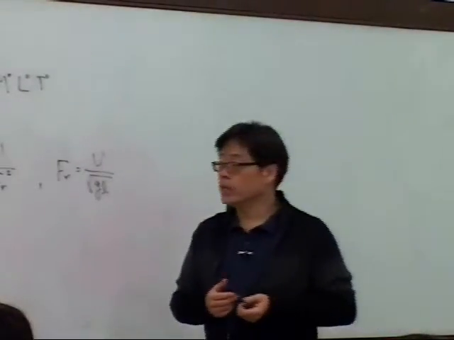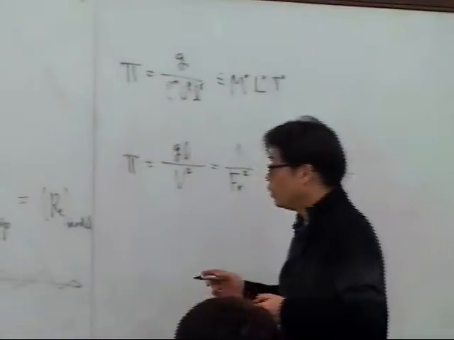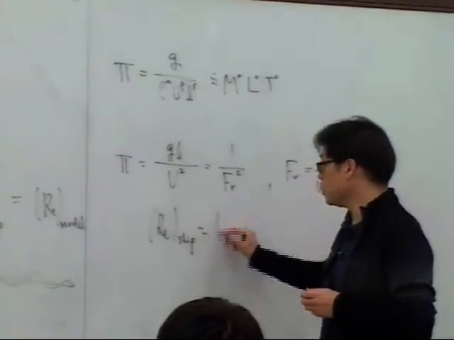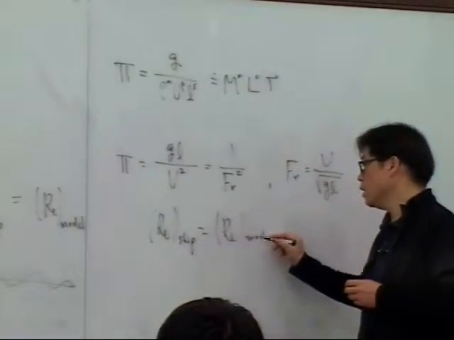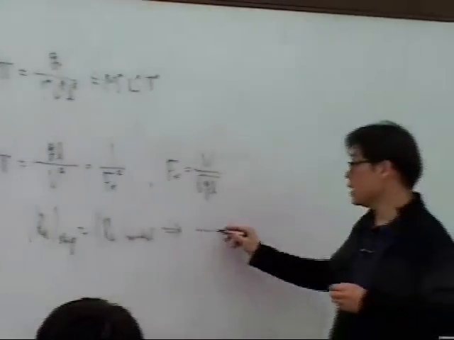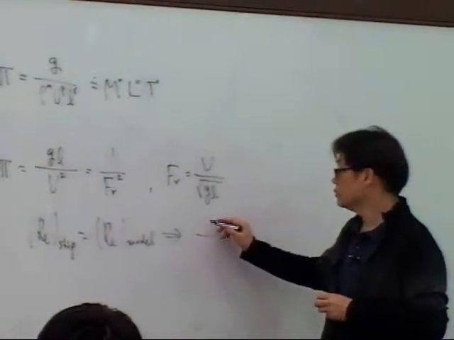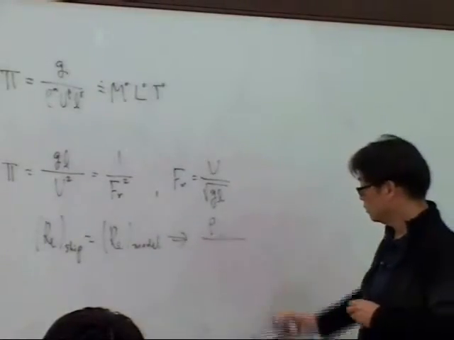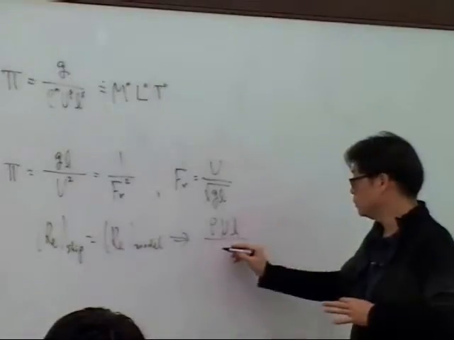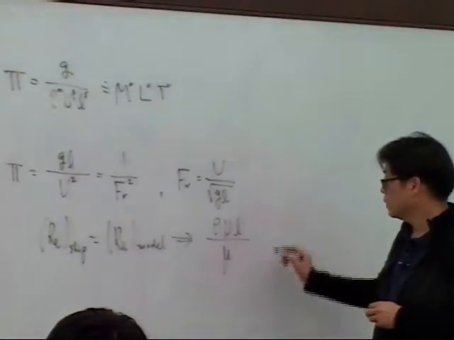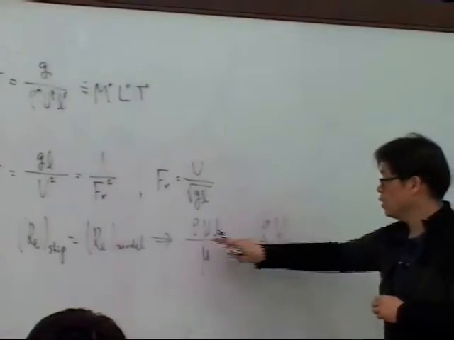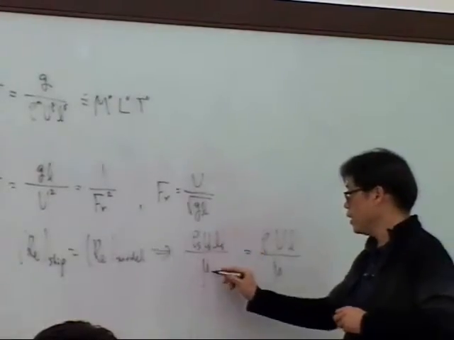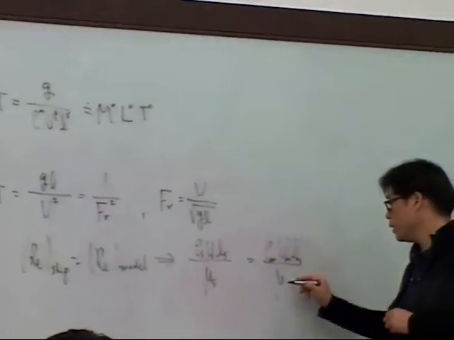One of the problems here is when we match Reynolds number. So we match the Reynolds number in this way. Then as we discussed last time, we have a ship here and a model here.